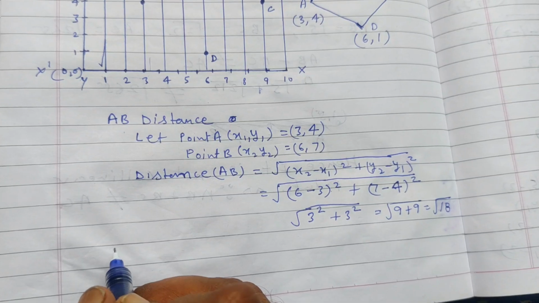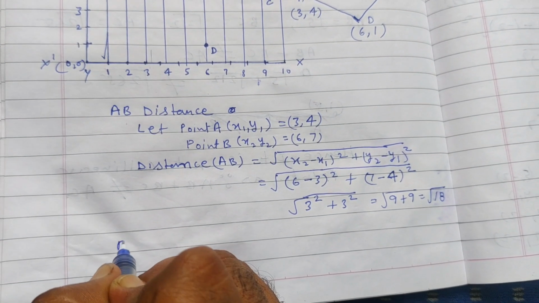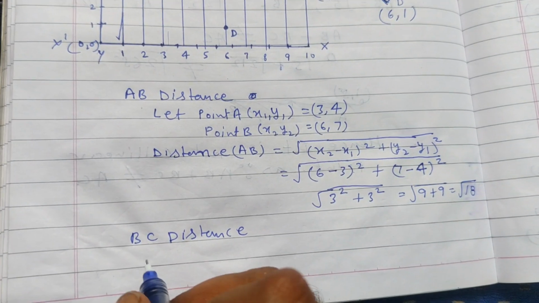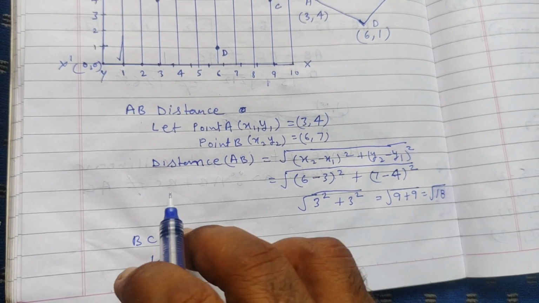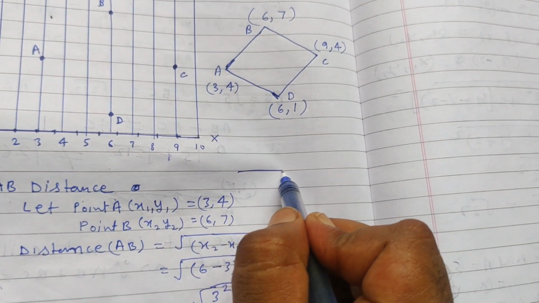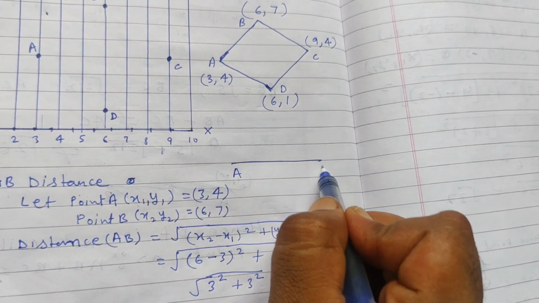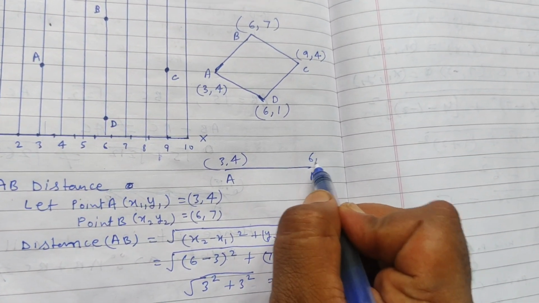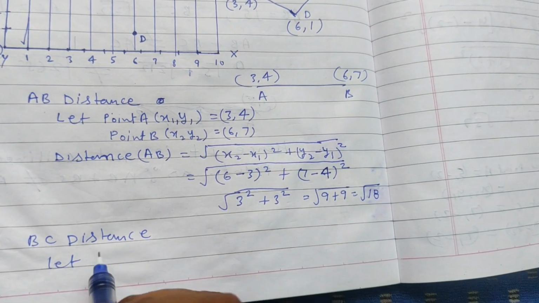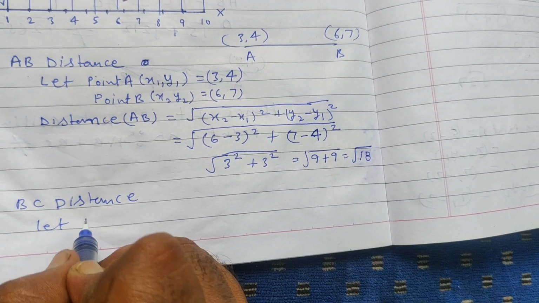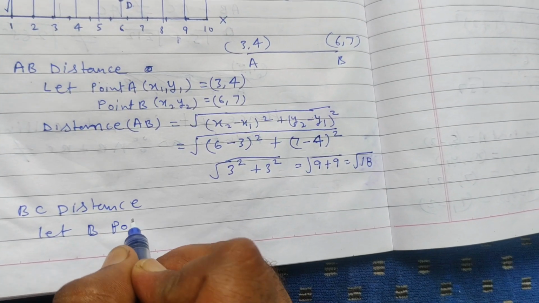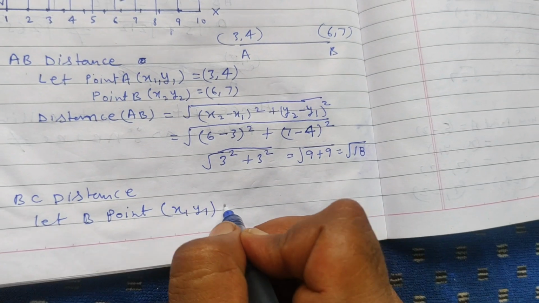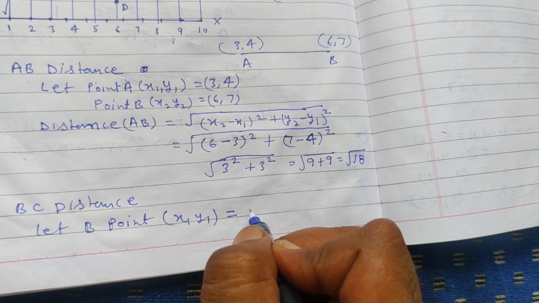Same, we find the distance BC. Let B point (x1, y1) is equal to (6, 7).